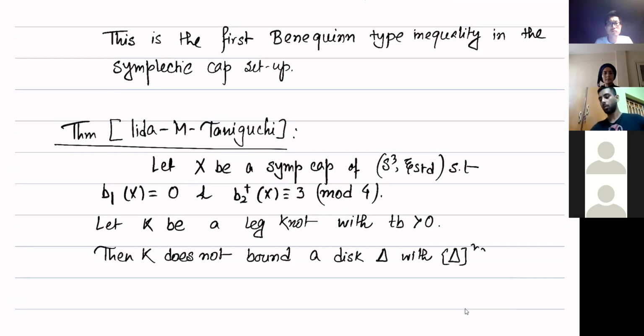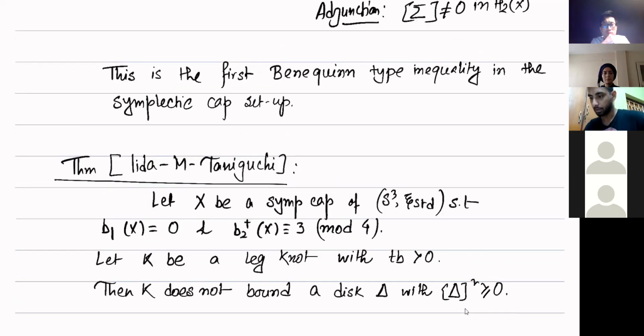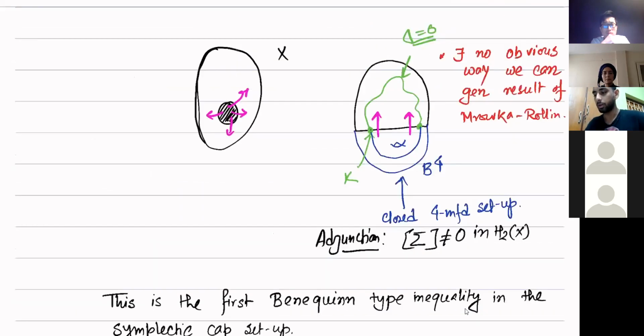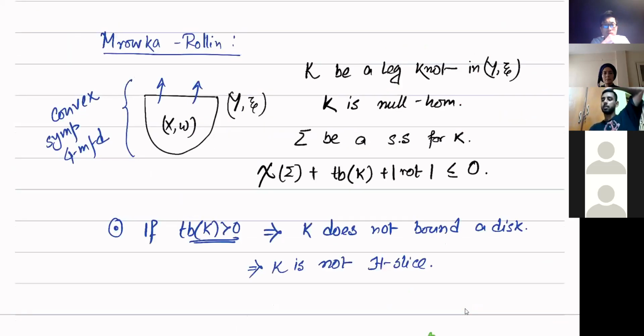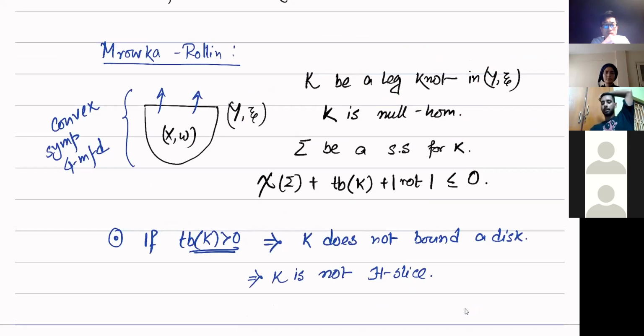I would like to compare this result with the previous result I stated here, by Mrowka-Rollin. There we said that as long as the Thurston-Bennequin number is bigger than 0, K doesn't bound a disk, in the case of a symplectic convex filling, where the vector field is going out.